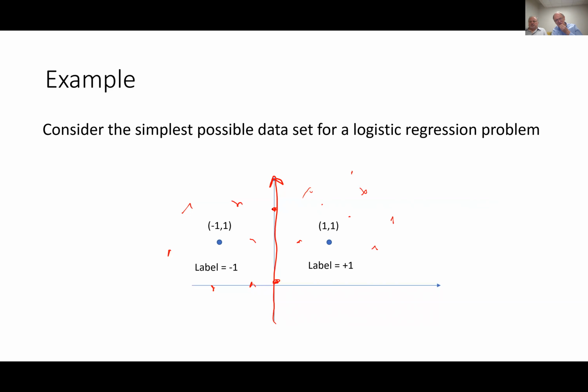Then your loss function will change, right? That's right. Here it will not change, because it's separating. So every point is perfectly classified, right?